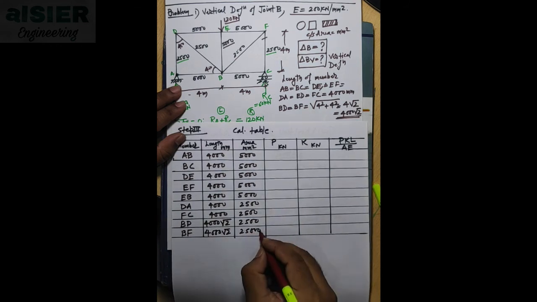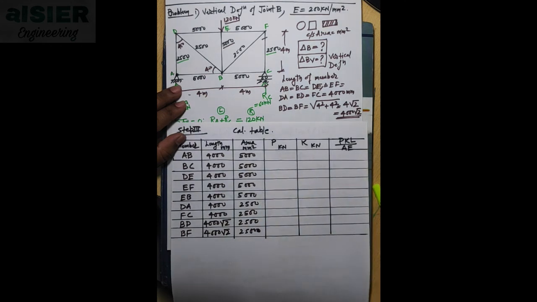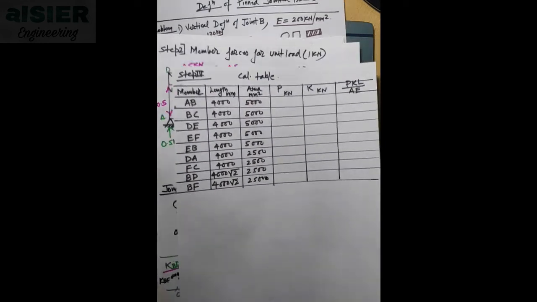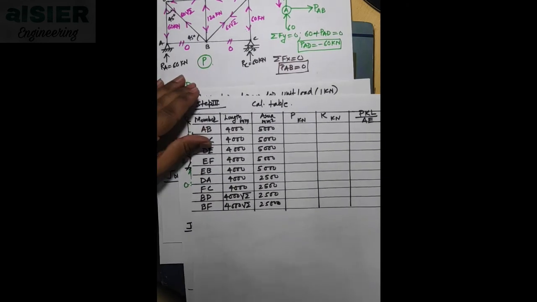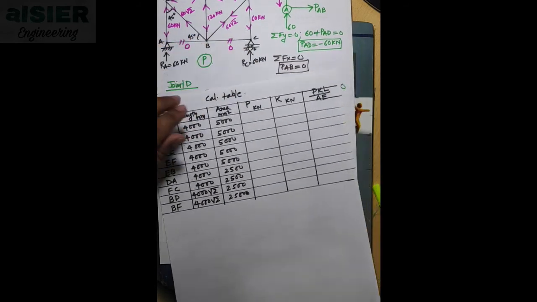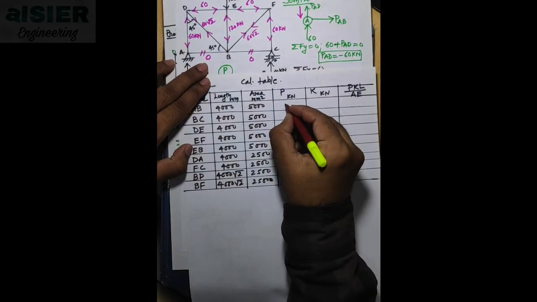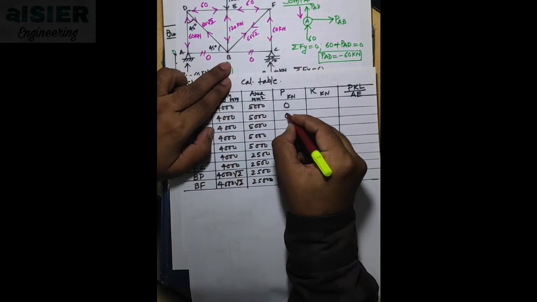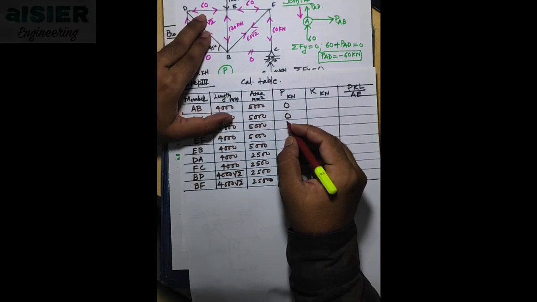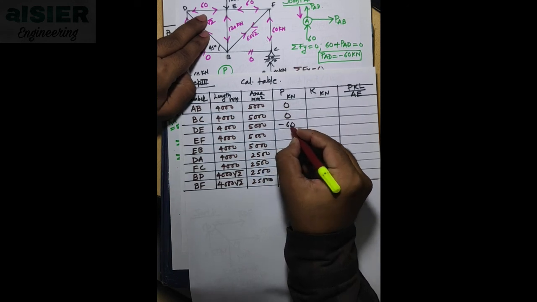Then we will write down the P load. For the P load we will refer to the P diagram. For member AB it is 0, for member BC it is 0, for member DE, this sign is for compression and compression is treated as negative, so minus 60.